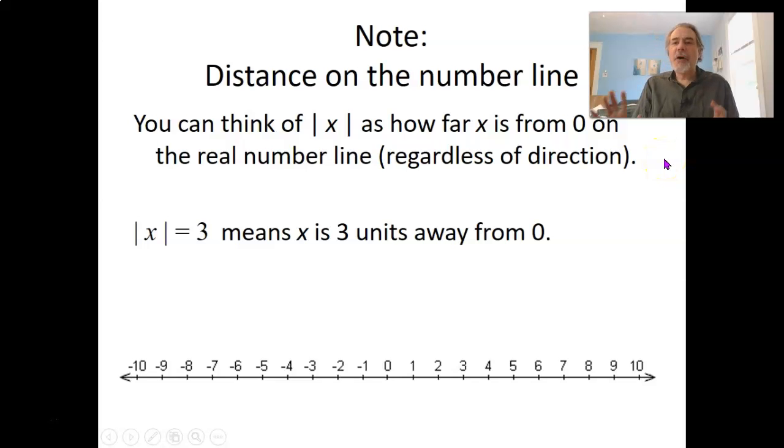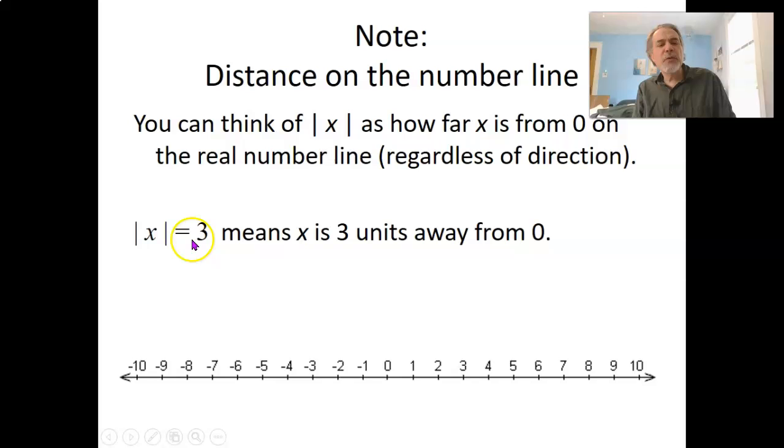Now, before we leave off talking about absolute value, here's a little note about how to think about absolute value. One way to think of it is it can represent distance on the number line. You can think of the absolute value of a number as telling you how far that number is from 0 without telling you which direction.